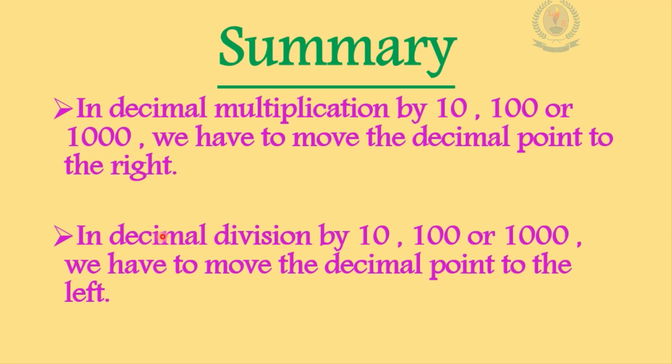In multiplication of decimals by 10 or 100 or 1000, we take the decimal place to the right hand side. In decimal division by 10, 100 or 1000, we take the decimal place to the left hand side by 1 or 2 or 3 places. That depends on the number of digits, right?